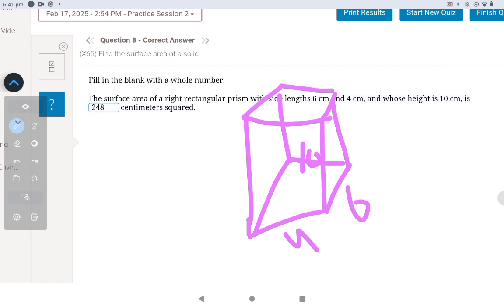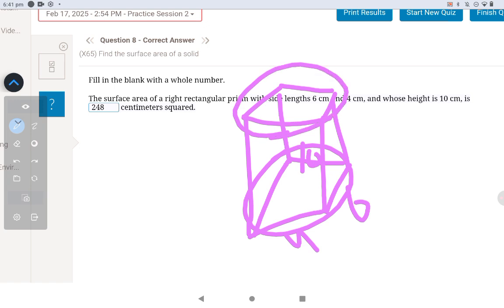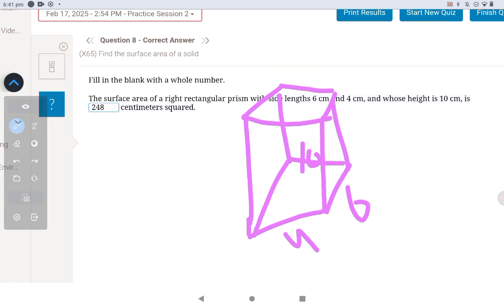What do they want us to find? They want us to find the surface area. Surface area is the area of all the surfaces combined. We know this surface, the base, and this one are the same, and this one and this one are the same, and the front one too.